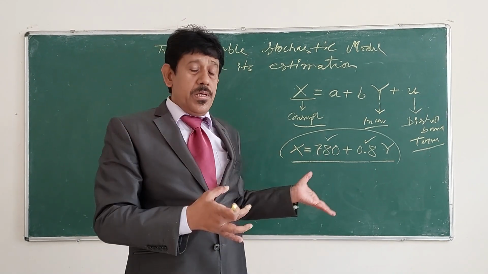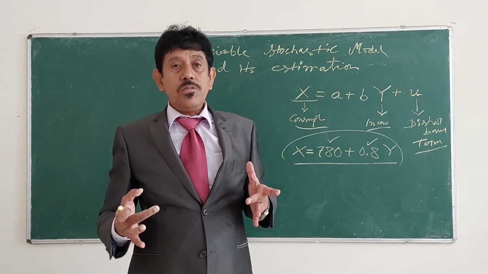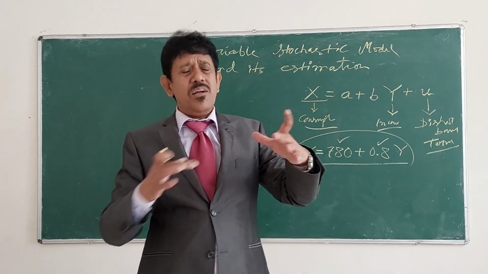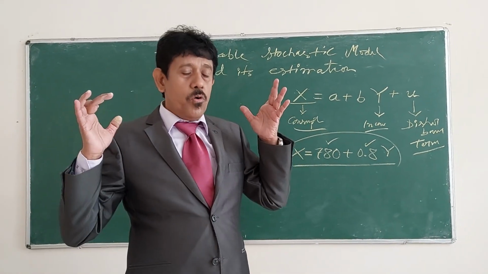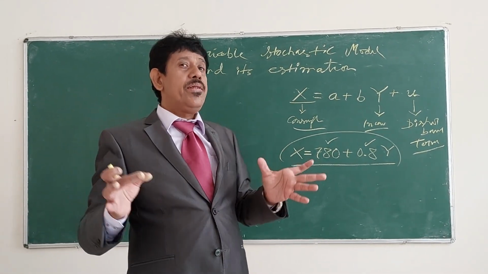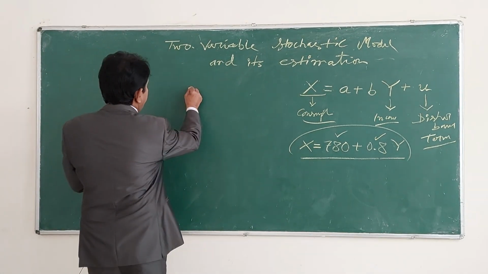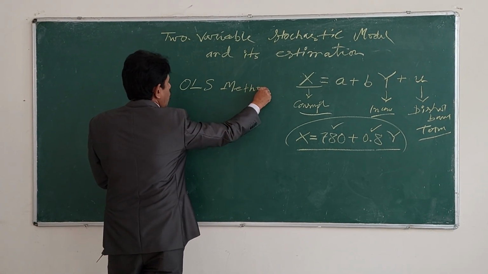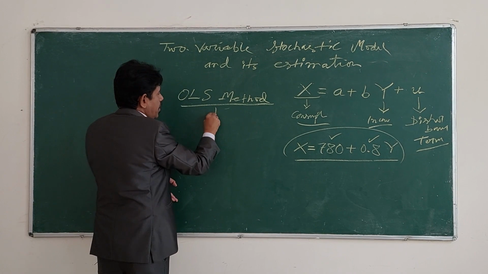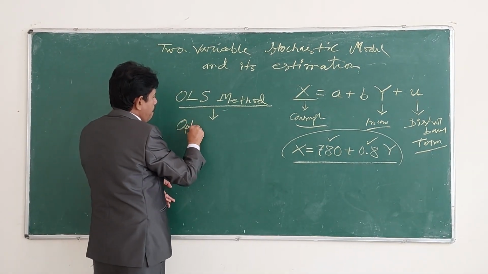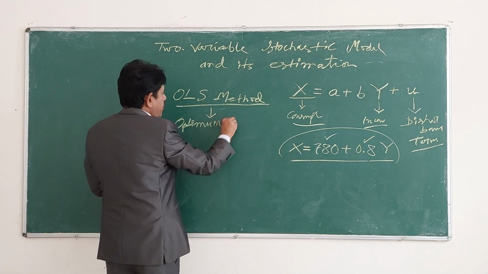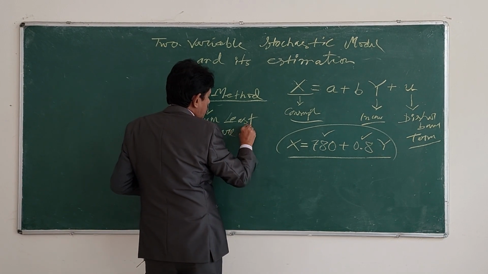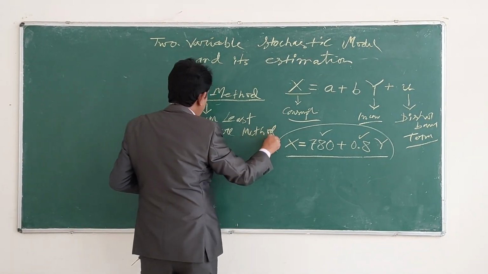To derive this, we use the most popular method. There are three to four different methods. The simplest and widely used method is referred to as the OLS method, the optimum least square method.